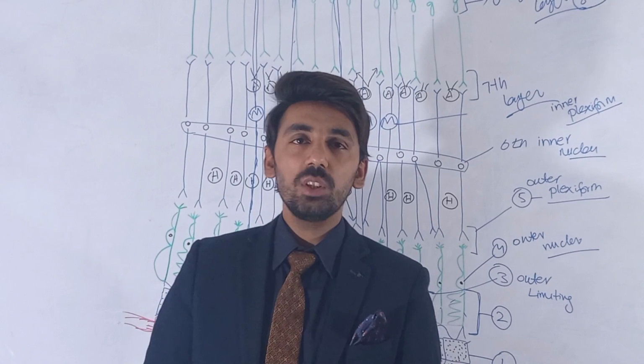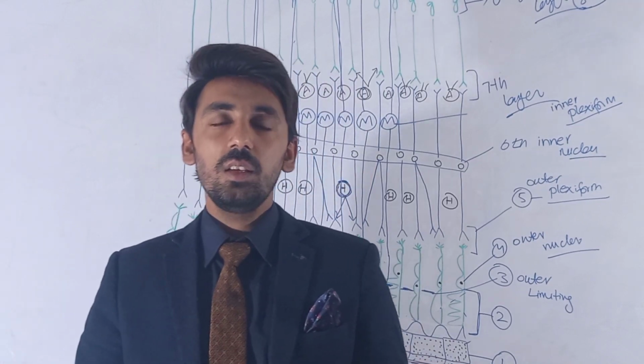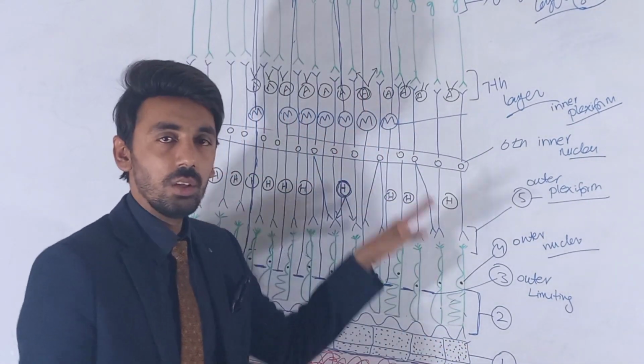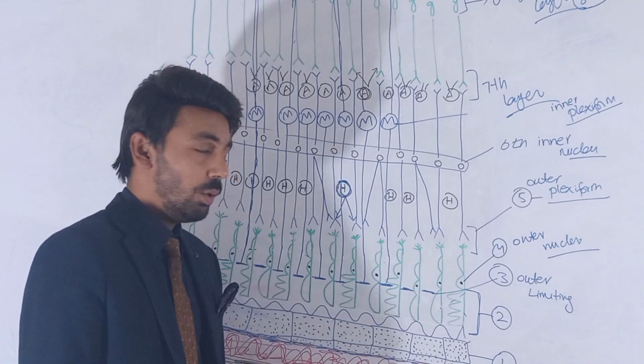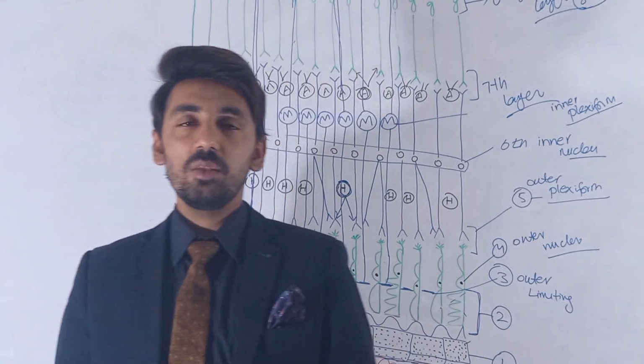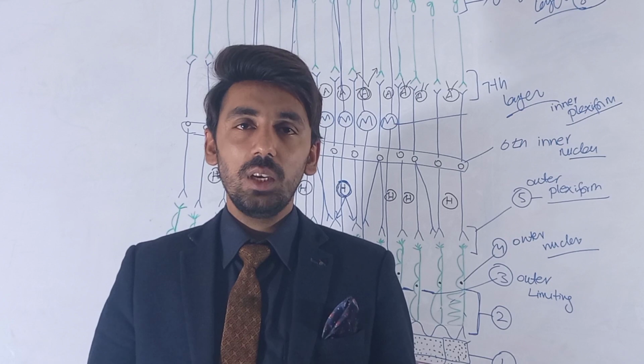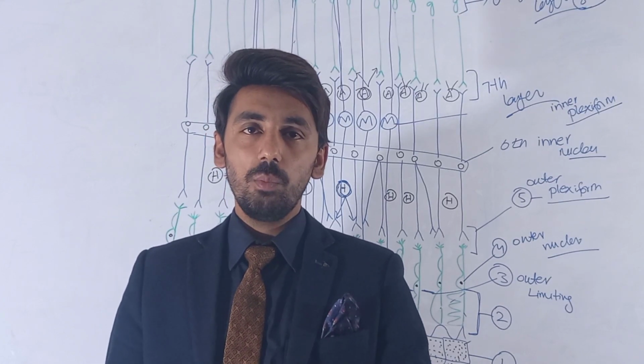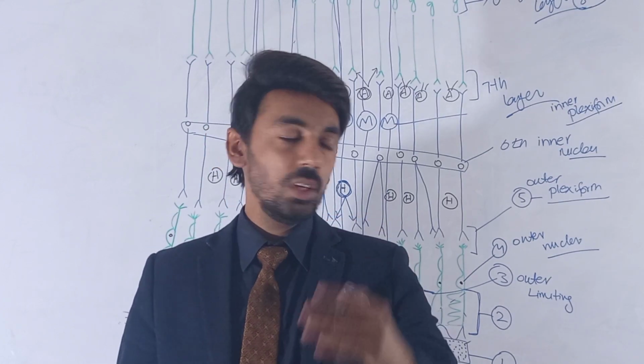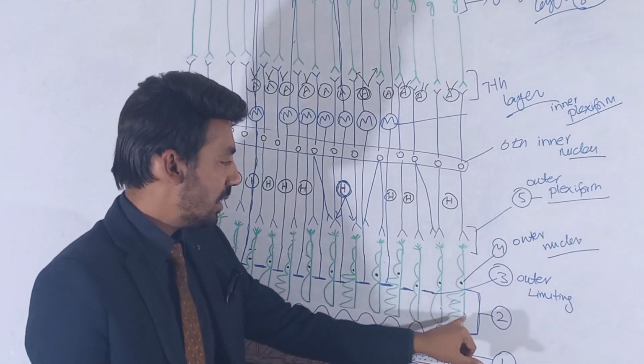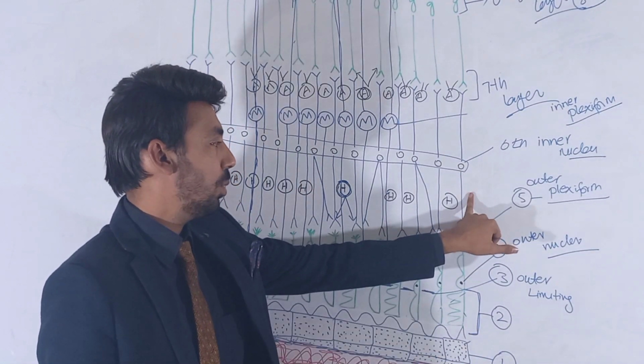And now we will discuss the different neurotransmitters in this conduction of the action potential. The neurotransmitters are the transmitters which help conduct the action potential from one region to another. As you can see here, these are photoreceptor cells and these are bipolar cells.